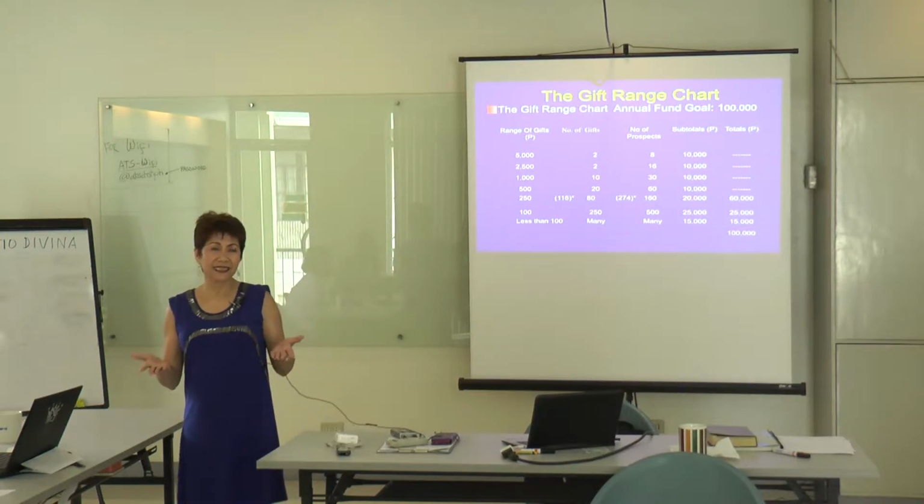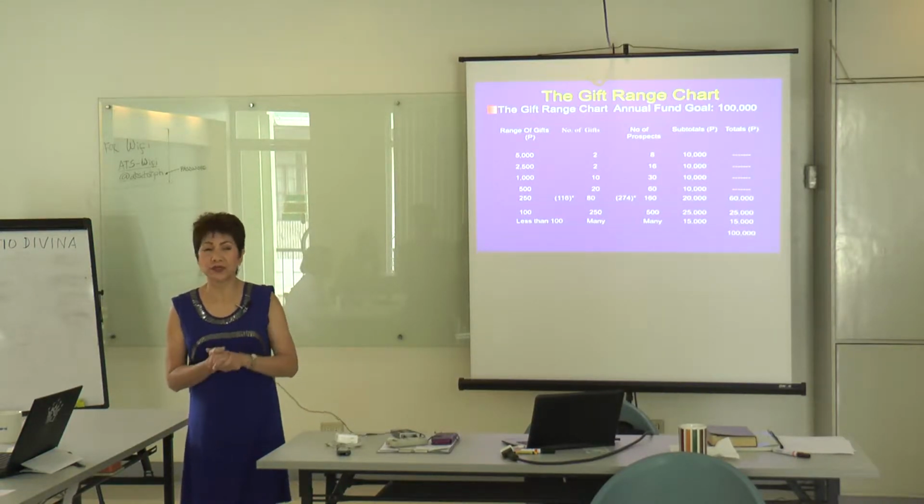Let's say it's 1 million, it's 1 plus 6 zeros. Don't put the comma, don't put the 0.00. If it's 10 million, it's 10 plus 6 zeros. So would you like to try it? Are you there in the gift range chart calculator? So how much are you intending to raise for your annual fund? So that's a guide. That's a free guide that you can use.